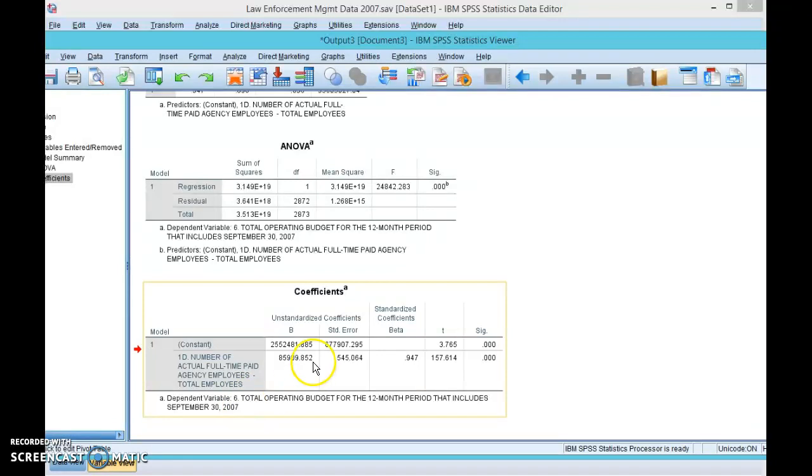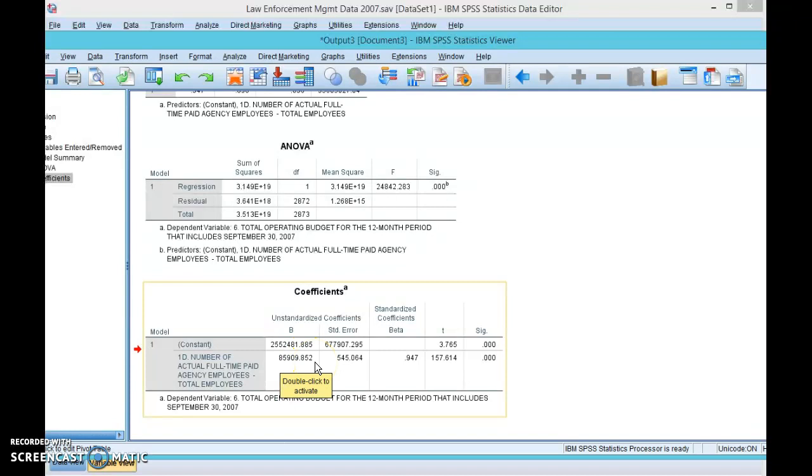The coefficient is underneath it, this 85,909. That's the coefficient or the slope of the line, how steep it is. So basically, with a unit change in X, we get this amount of money change in Y. Here's X over here. It tells us the number of actual full-time paid agency employees. A 1 unit change in X means that with every additional employee, this is what happens to Y, or the budget: you get an extra $85,909.85.